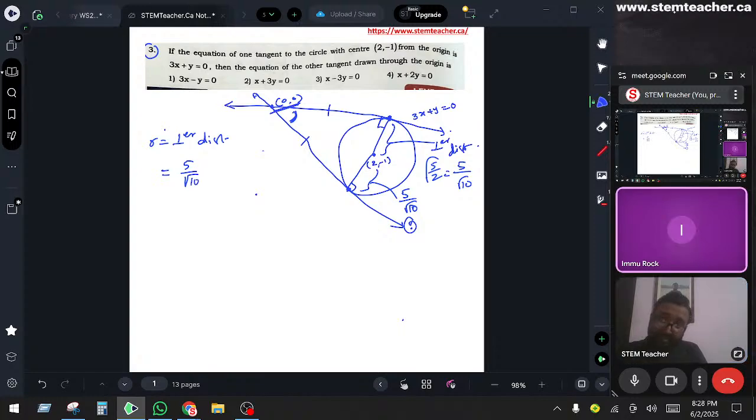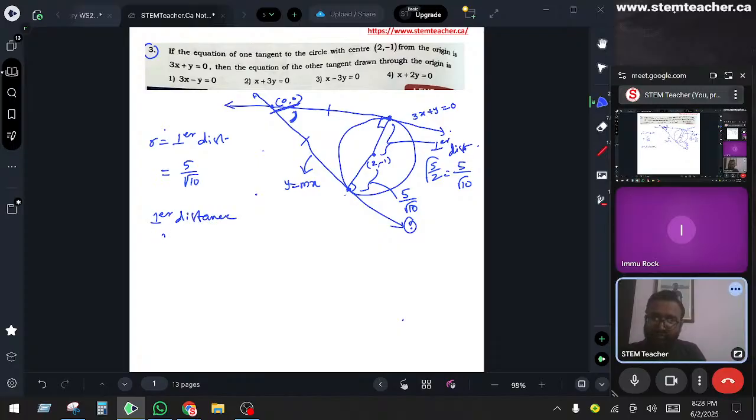And its standard form is y equals mx. It is a standard equation. And from this length, its distance must be 5 by root 10. Therefore, the perpendicular distance from 2 comma minus 1 to y equals mx is 5 by root 10.